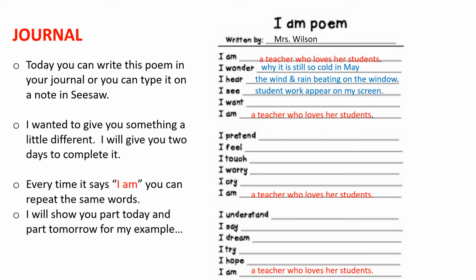I see student work appear on my screen. I want to help them with their work at Banfield. I am a teacher who loves her students. You can get this much started today. If you want to finish the whole thing today, you can. Tomorrow, I will continue my I am poem, and then you can do the same.